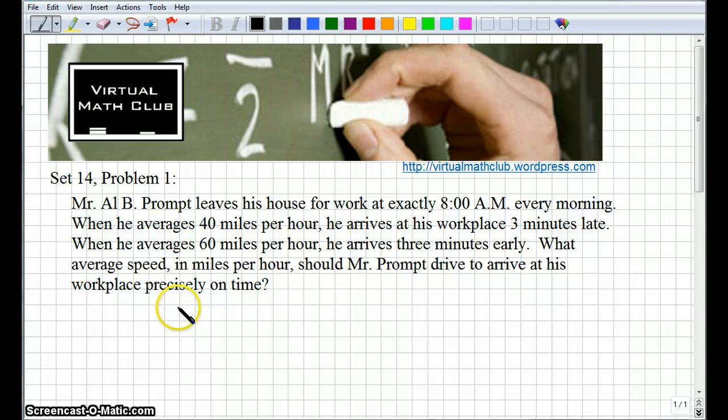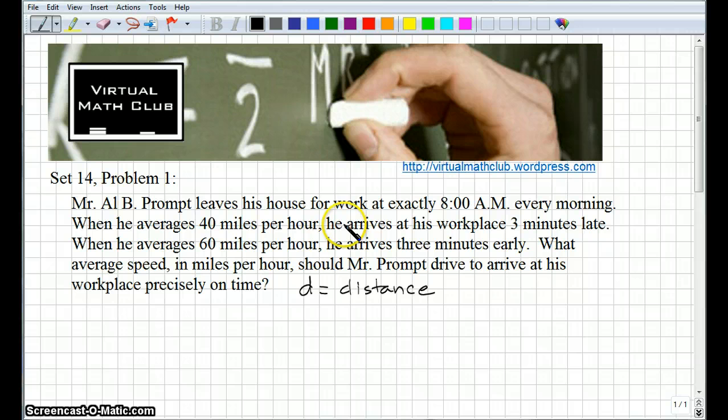All right, well, let's just start by listing out what we know. I'm going to define some variables first, just because it makes it a little easier to keep track of what we're doing. I am going to call D the distance. That's the distance he's driving from his house to work.